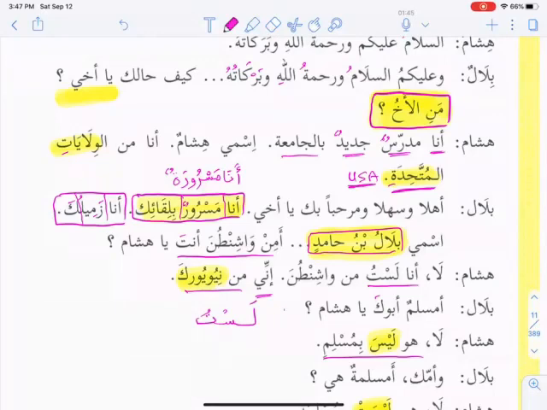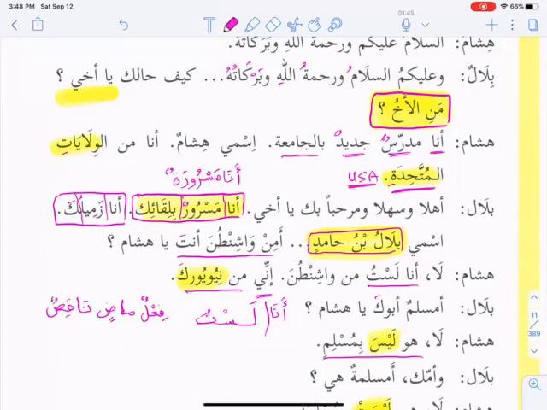You say ana, mubtada. Remember I'm writing fi'lun madin, nakisun. Try to remember this. We will be repeating this many times.